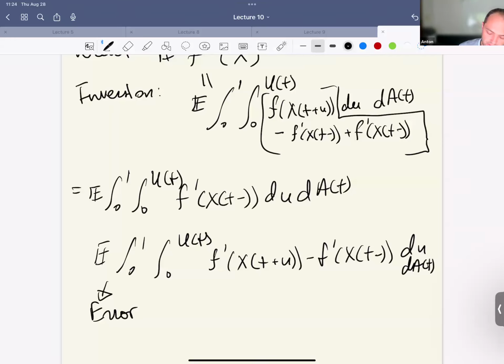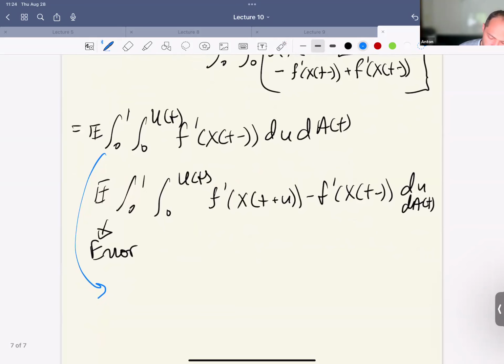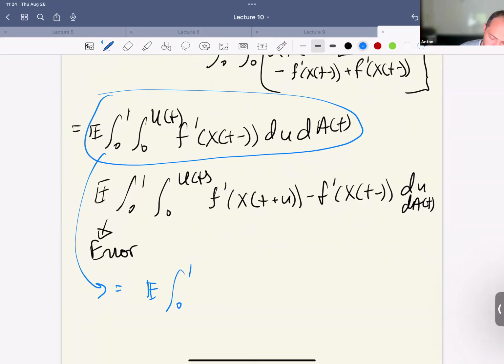This term, which is not error, I notice that the integrand doesn't depend on u anymore, so I can pull this outside. And I will have the expectation of the integral from 0 to 1 of f prime of x of t minus times u of t, dA of t.